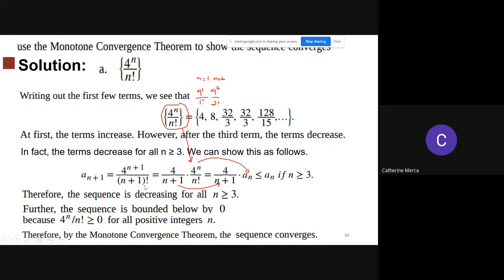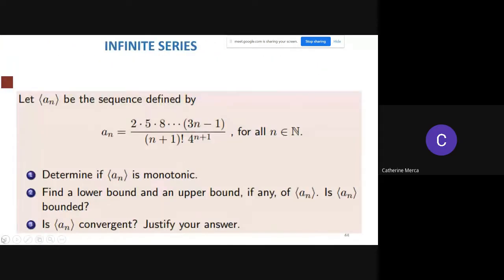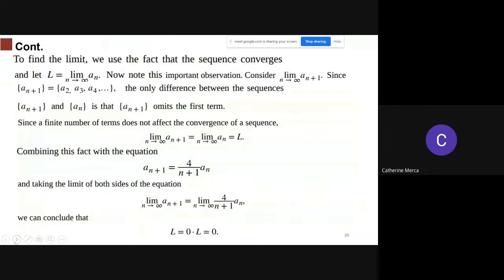And n plus 1 factorial can be rewritten as n plus 1 times n factorial. Correct? So they are equal, from here to here. Correct? Yes, ma'am.